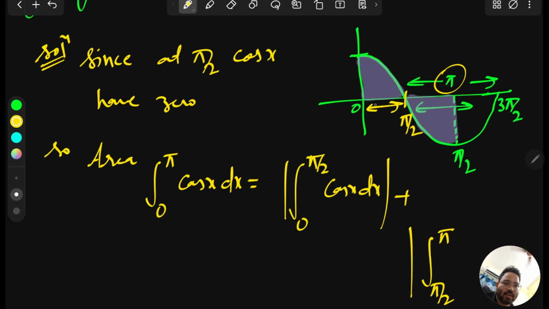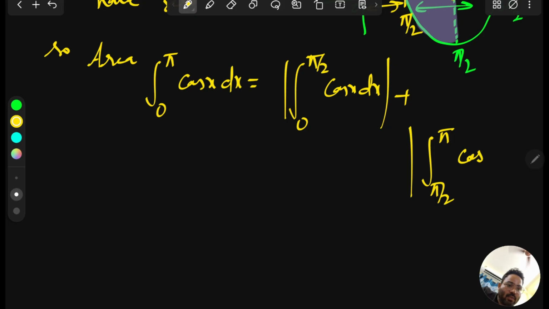This value is pi, so pi by 2 to pi, cos x dx. Now just integrate and you will get the answer.